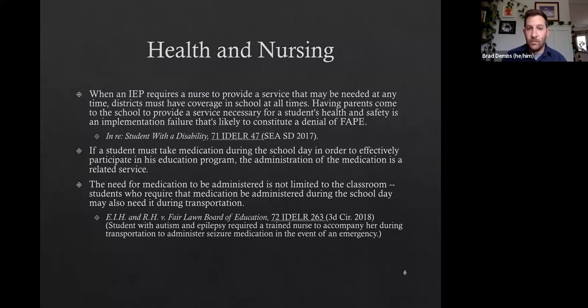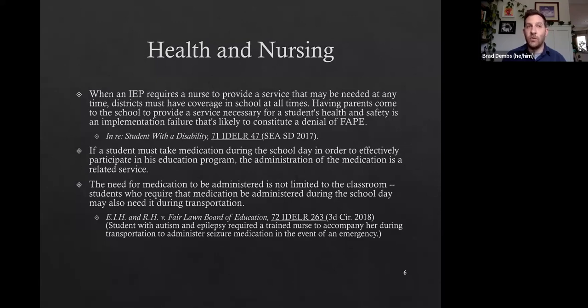Medication. Administration of medications is a related service if it's necessary to provide it during the school day. And that's not limited to the classroom or the school setting. If students need medication at a time when they would be on transportation, or in the event of an emergency, then they may need to have a trained nurse or an aide, depending on what's being provided, accompany them on transportation.